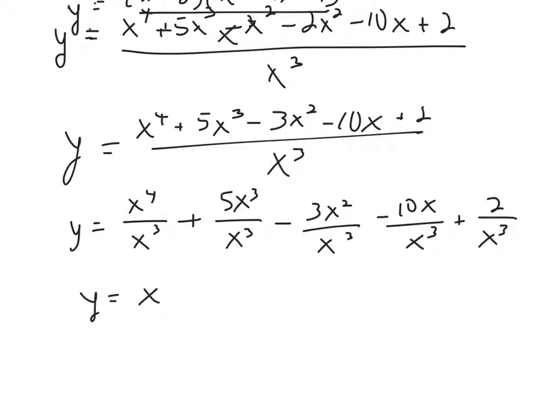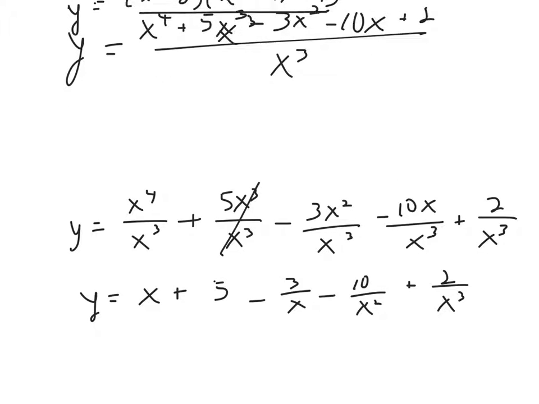That becomes x plus 5, cancel, minus 3 over x minus 10 over x squared plus 2 over x cubed.